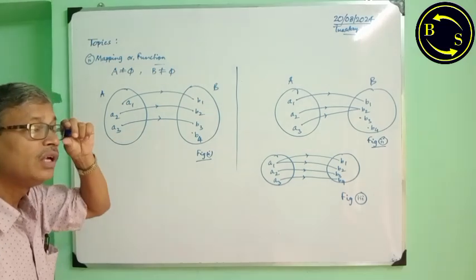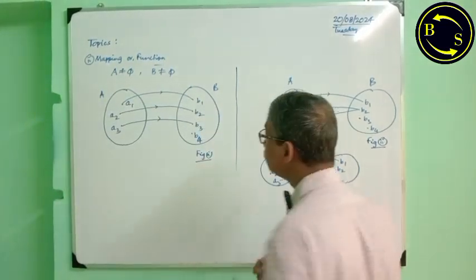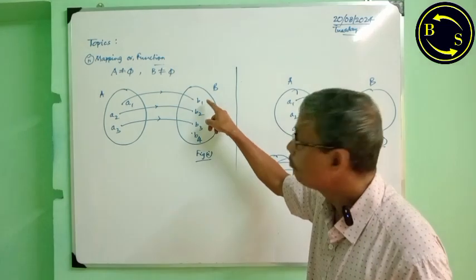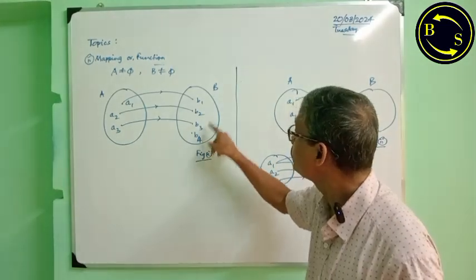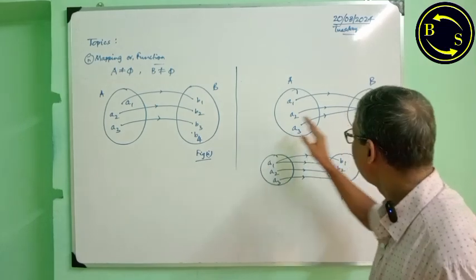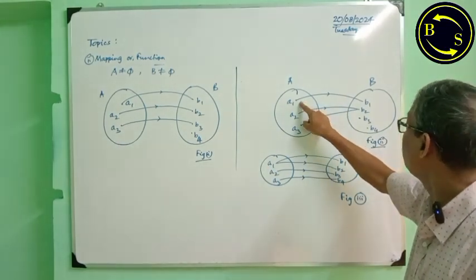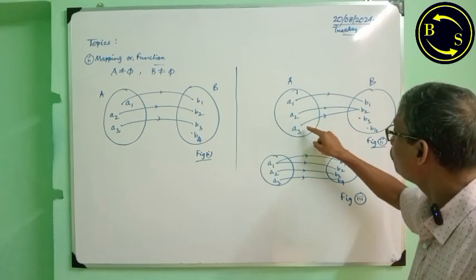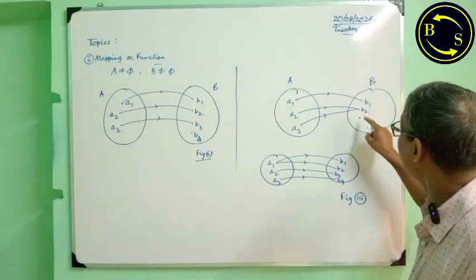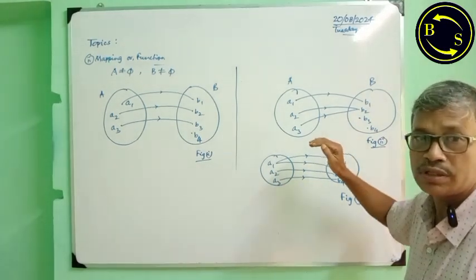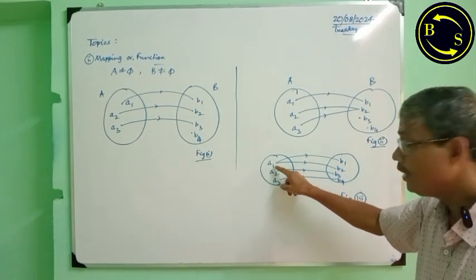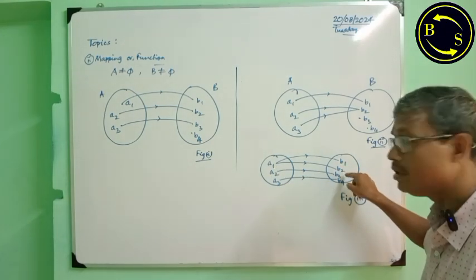Now in the first diagram, we see that each of A1, A2, A3 is associated to unique B1, B2, B3, and B4, which is a member of B, is not associated to any member of set A. In figure 2, we find that A1 is associated with B1, A2, A3 are associated to the same member B2, and B3, B4, two members of B, are not associated with any member of set A. In the third diagram or figure, we see A1 is associated to two members B1, B2.